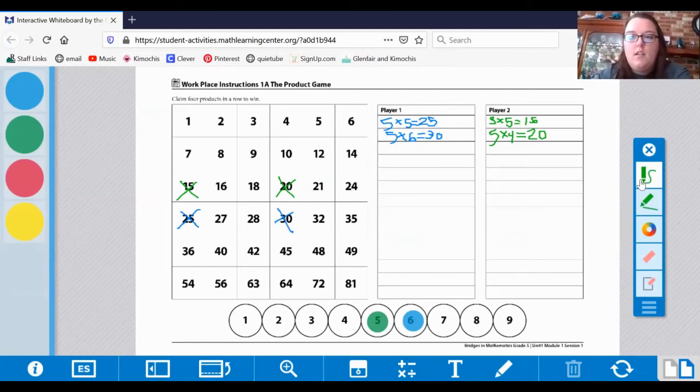All right, back to green. Let's see. So now I want to try and get one of this 6 or this 18. 6 doubled is 12. 6 times 3 gives me 18. 6 times 3 equals 18.